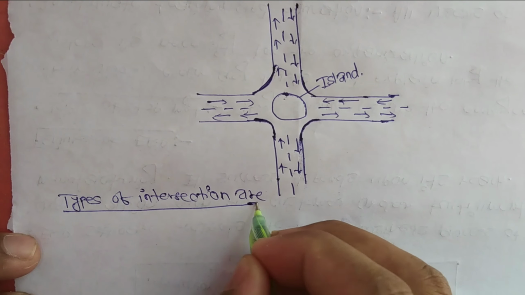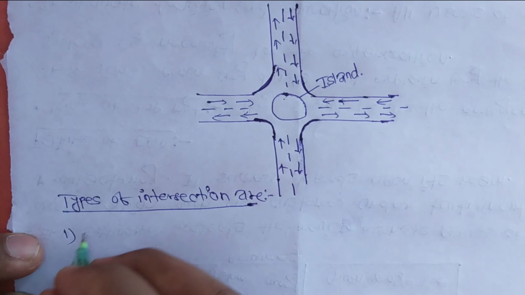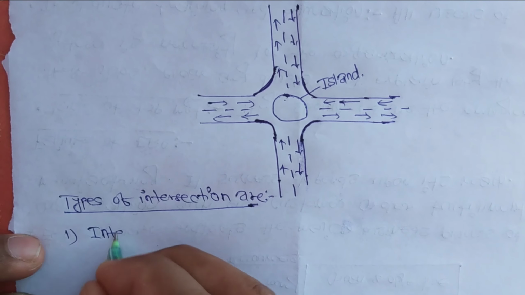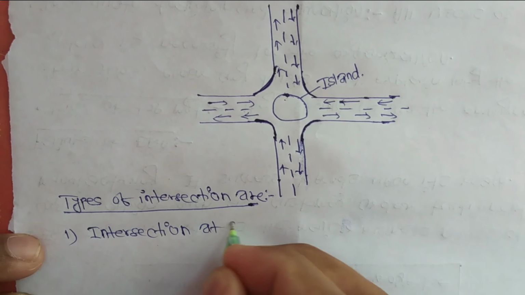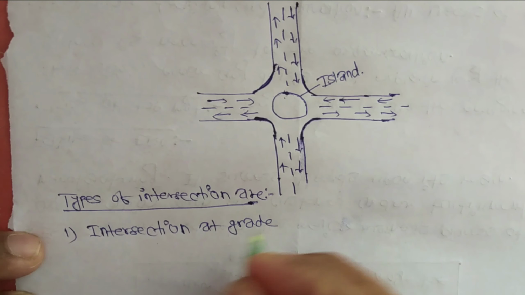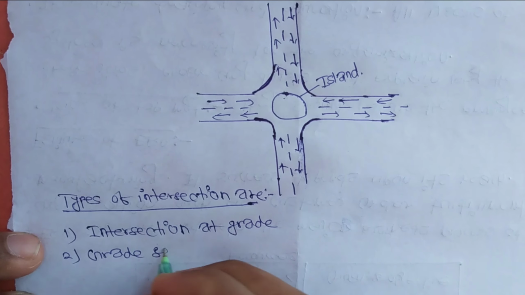Moving on to the next, there are two types of intersection. The first one is intersection at grade, and the second one is grade separated intersection.